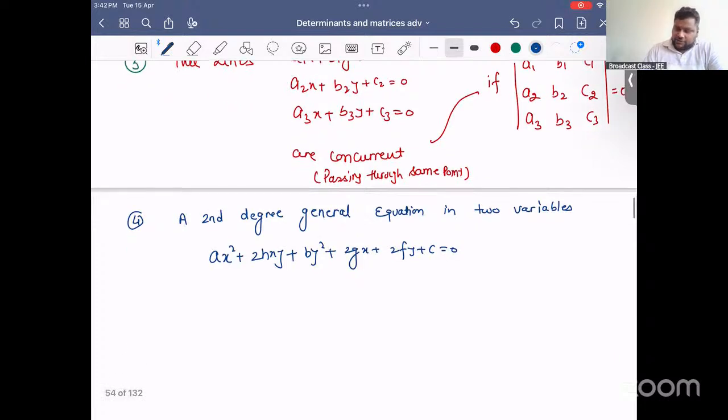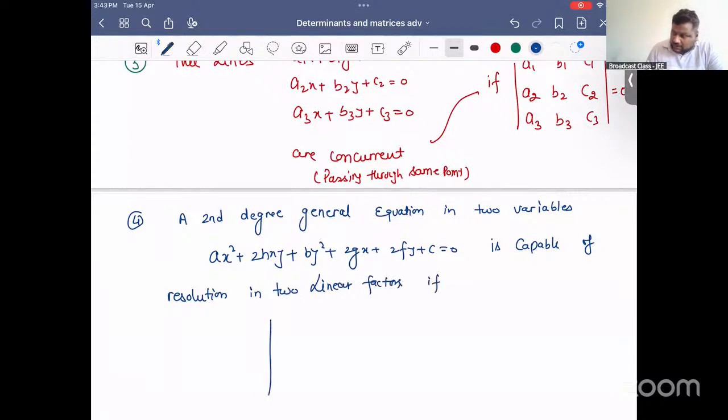So a second degree general equation in two variables, ax square plus 2hxy plus by square plus 2gx plus 2fy plus c equals to 0, is capable of resolution into two linear factors if determinant A, H, G, H, B, F, G, F, C equals to 0.